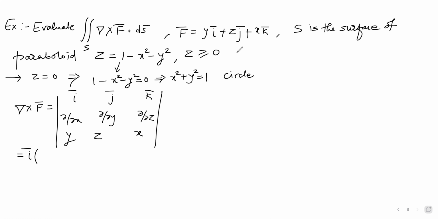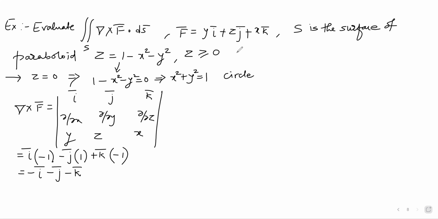So evaluate it. I bar times with respect to y, this is minus 1, minus j bar times, with respect to x, it is 1, plus k bar times, minus 1. So we get minus i bar minus j bar minus k bar. This is our del cross f bar.